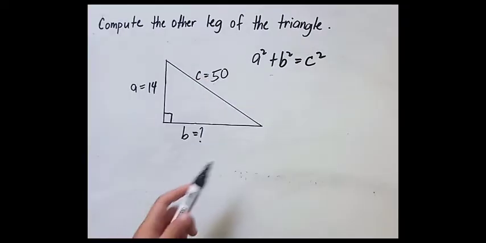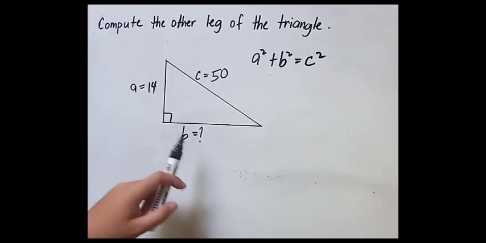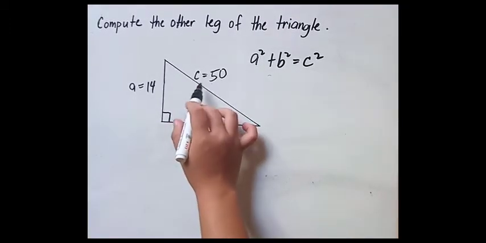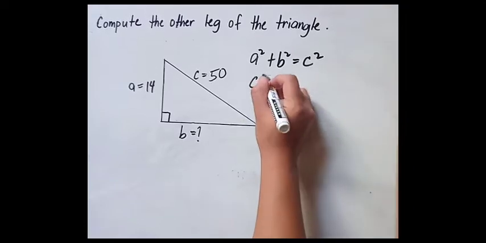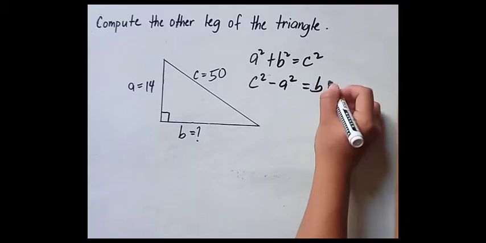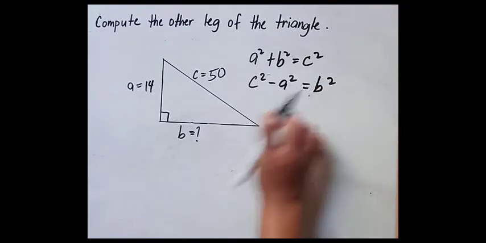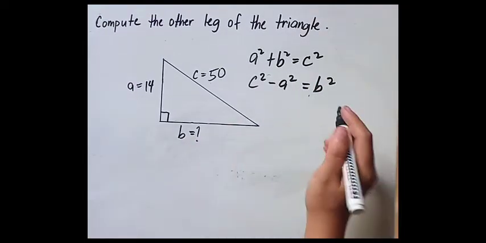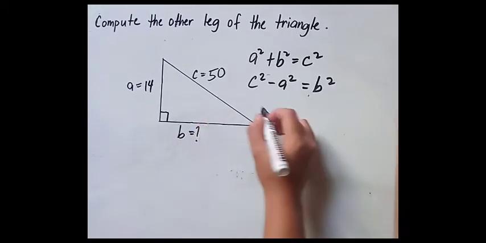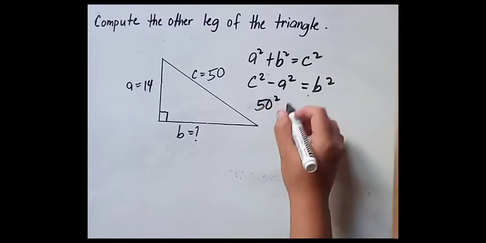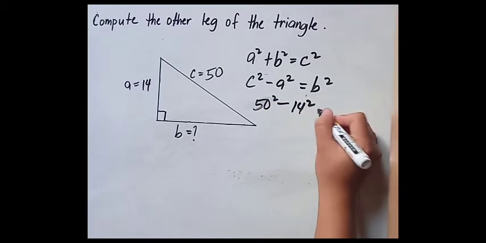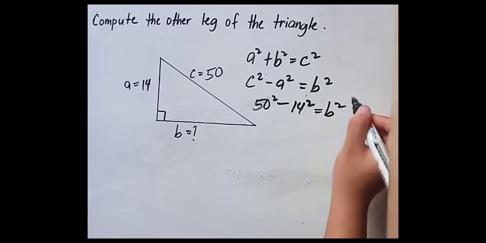How about if the missing side here is side B? Through derivation of the formula, since sides C and A are given, C square minus A square is equal to B square. That will be our formula in finding side B. So C square, that is 50 square, minus A square, that is 14 square, is equal to B square.